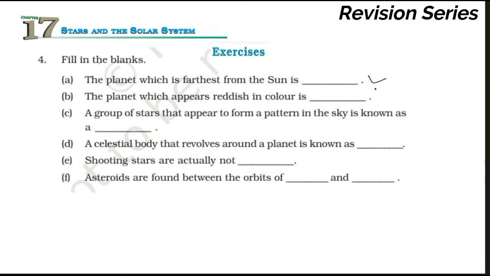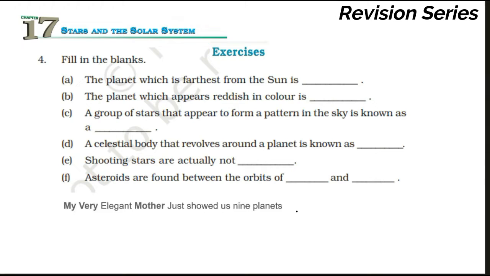Now to answer this you should know all the names of the planets and their position in the increasing or decreasing order of their distance. Now how will you remember that? You must have studied in previous classes that we can use mnemonics to remember the distances.